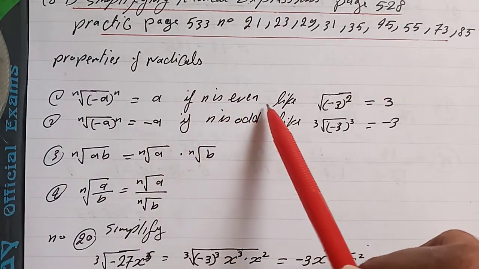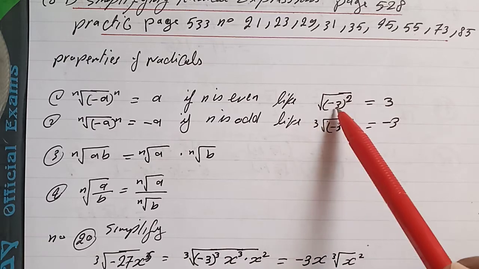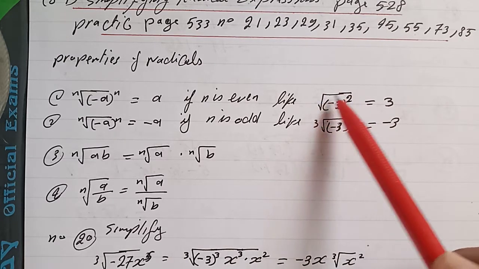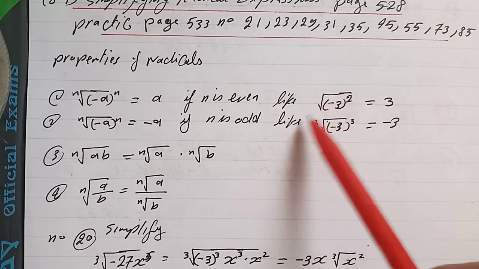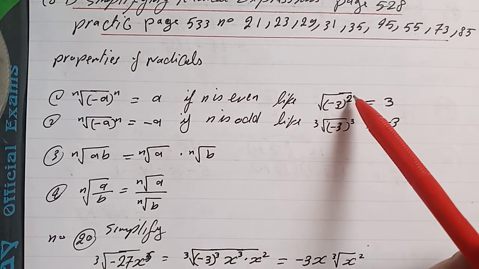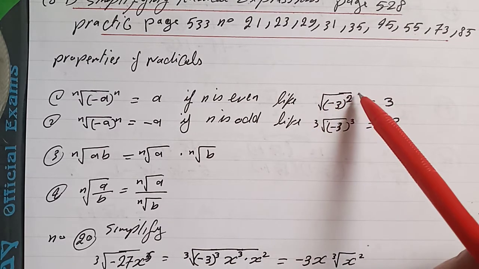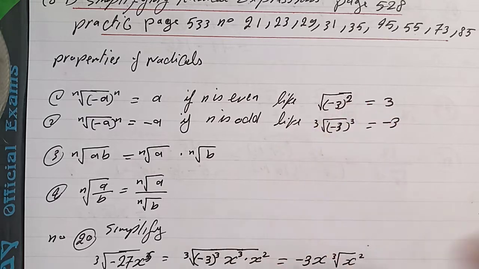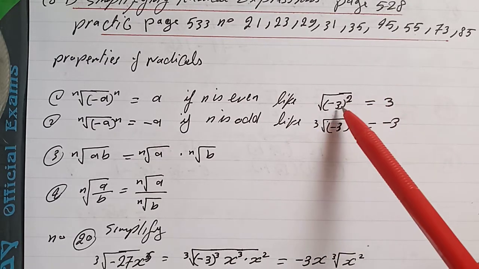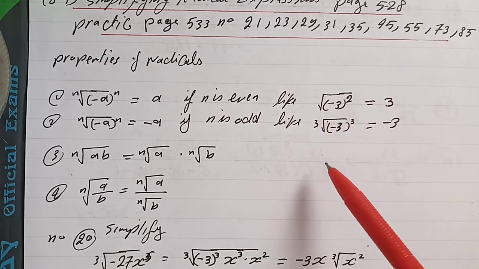If n is even, like the square root of negative 3 squared, it will be positive 3. The root will cancel the square because both are opposite operations, and it also cancels the negative sign.